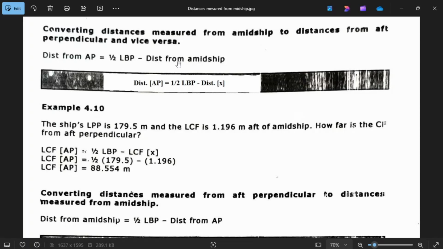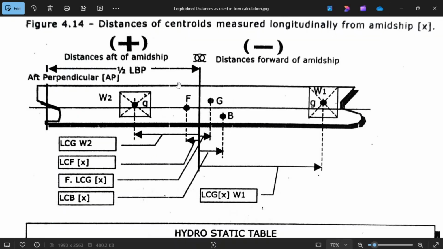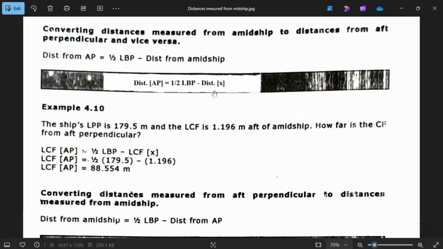Meaning, for example, this is 1/2 LBP, and the distance from midship will be your distance of the weight from midship. How much will be your distance?